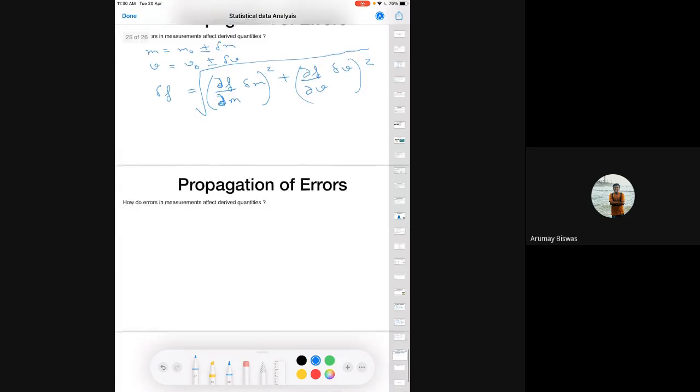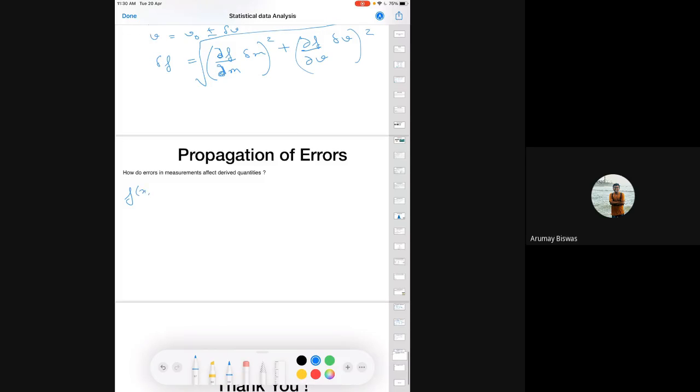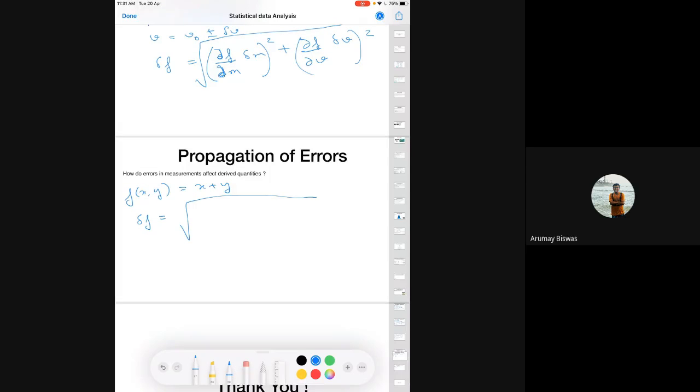So if my function is now x plus y, then delta f is now del f del x, which is 1, into delta x, squared, plus again del f del y, so 1, into delta y, squared. So that's basically the square root of delta x squared plus delta y squared, like we said before.